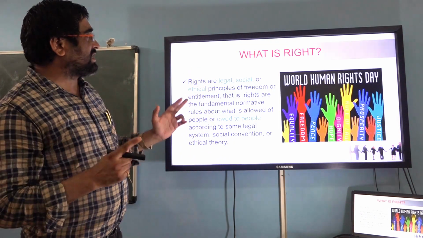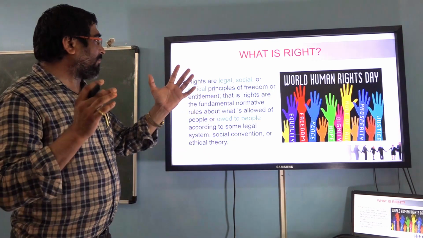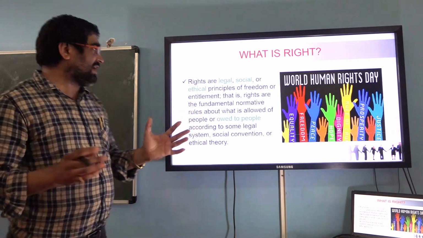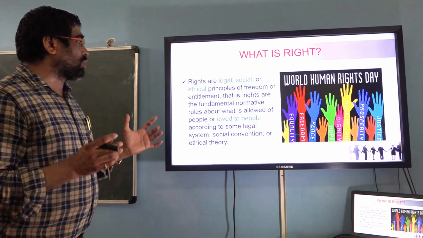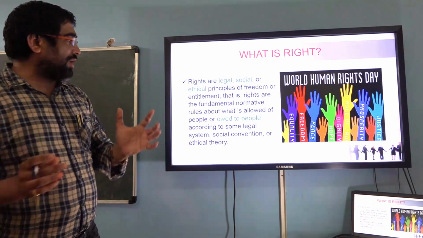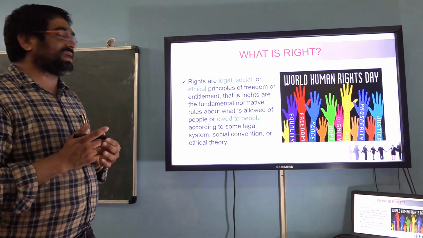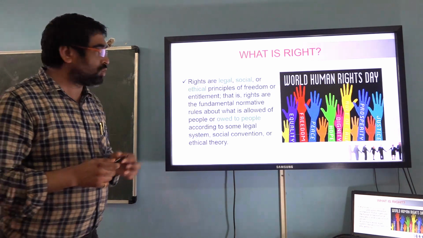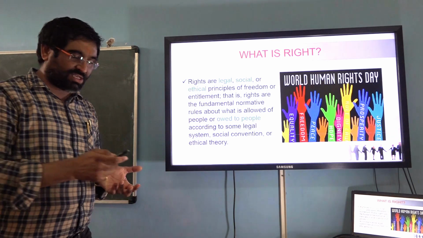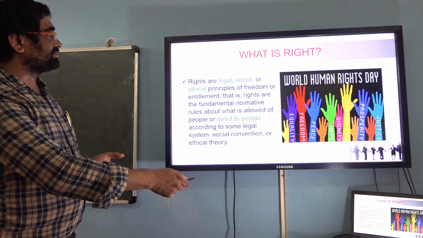So rights are legal, social, and ethical principles of freedom or entitlement, that is, the fundamental normative rules about what is allowed of people or owed to people according to some legal system, social convention, or ethical theory. So that is what a right is, in technical language and common language. Let us go to the next slide.